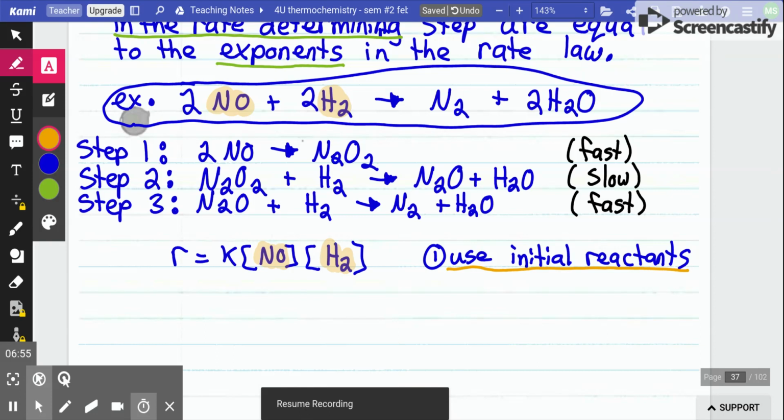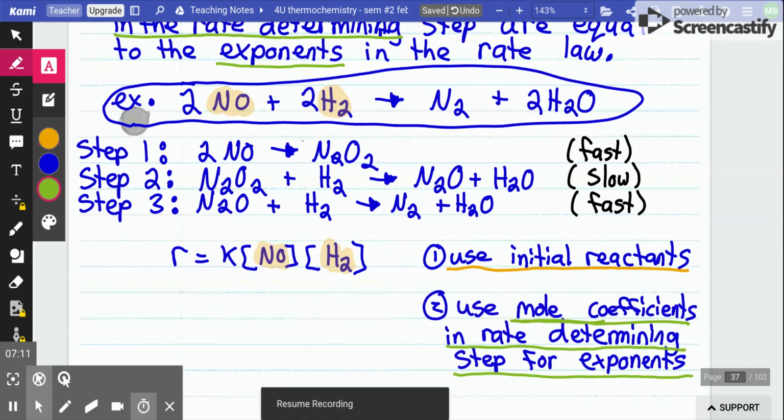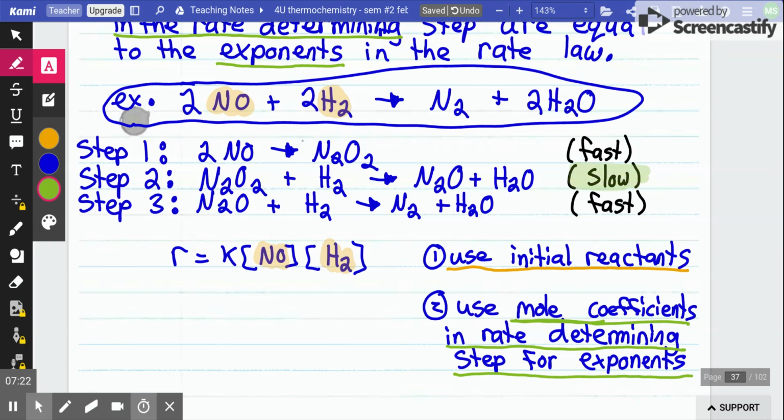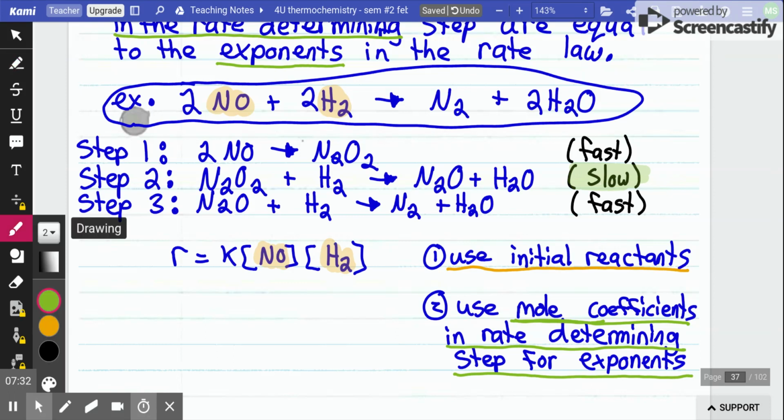So the second step is that now that you have your reactants in your rate law equation, you need to get their exponents. So you use the mole coefficient from the rate determining step for the exponents. To do that, you have to know your rate determining step. And again, it's just the one that says it's slow. So right here, our rate determining step is elementary step 1. So we come over to our elementary step, and we're going to do hydrogen first because it's easier of the two.